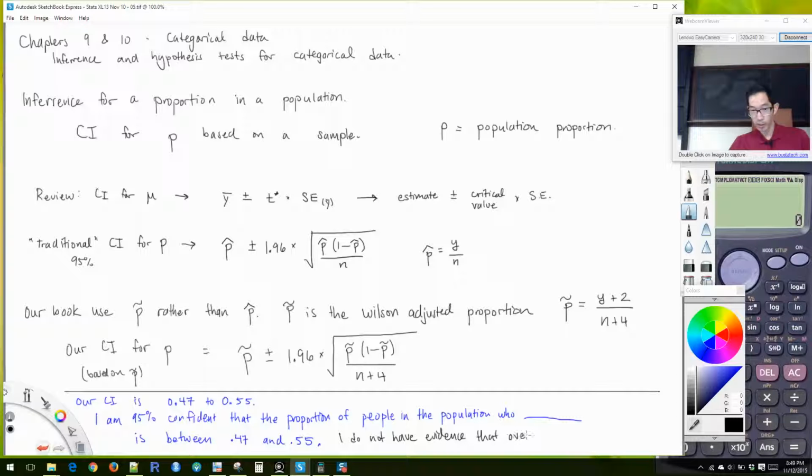that over half the people support XYZ, or over half the people, I don't know, whatever it is, have brown hair or eat hot dogs.